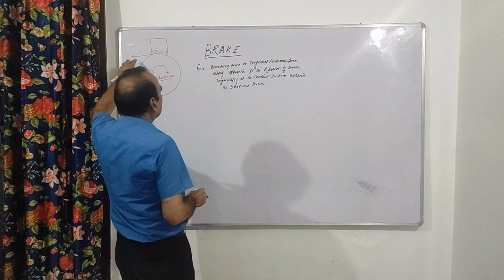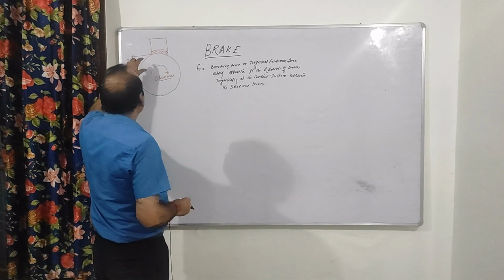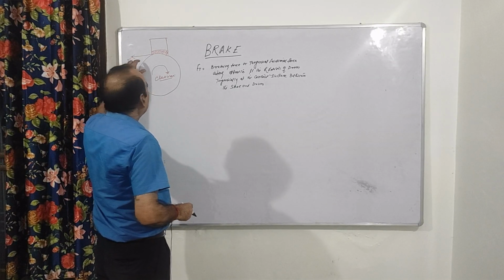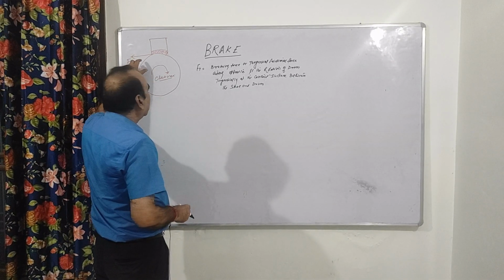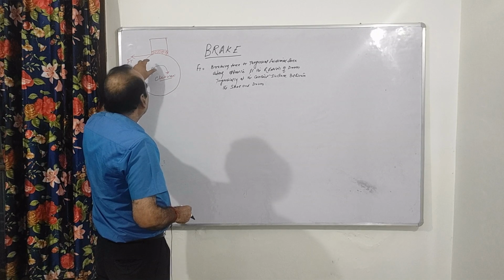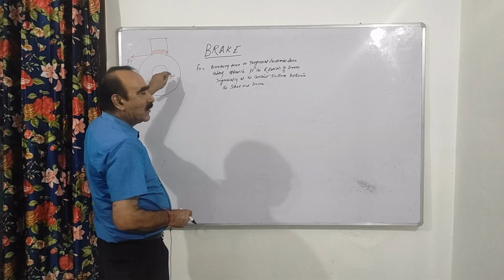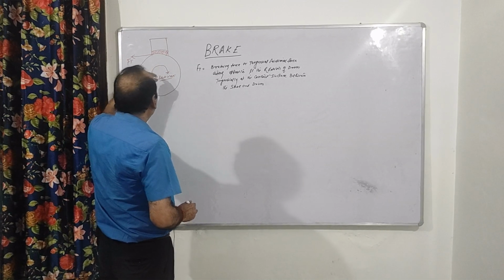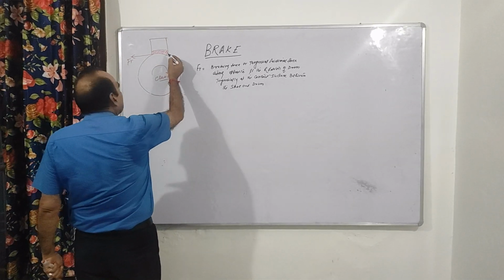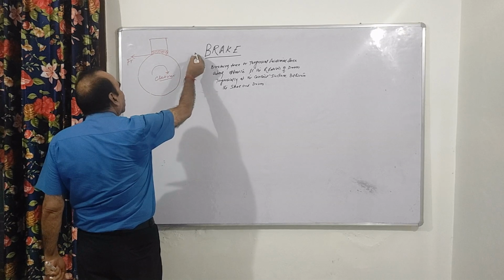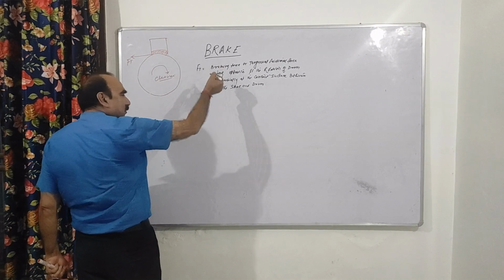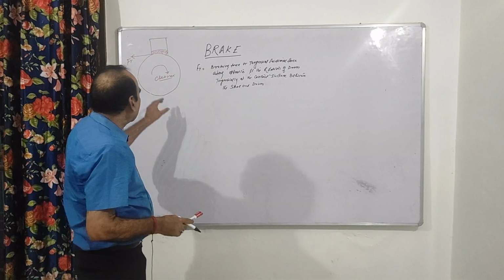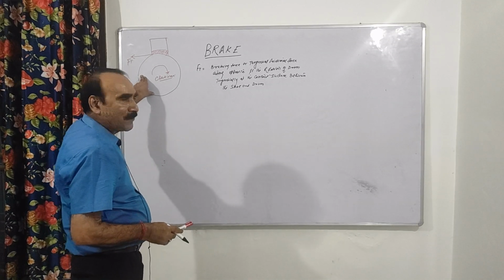What is Ft? It is the tangential frictional force, the braking force, whose job is to stop the motion, the clockwise or anticlockwise. If I say I will take anticlockwise, then the direction of the frictional force is toward the clockwise direction, so that it has to be stopped.